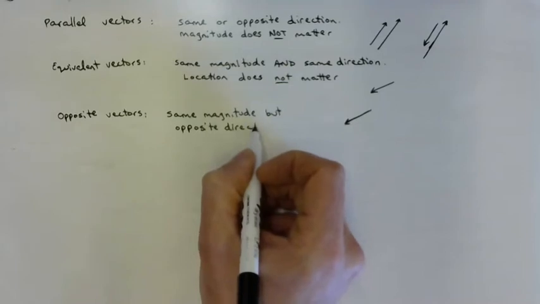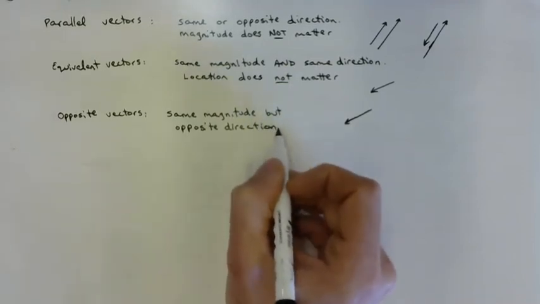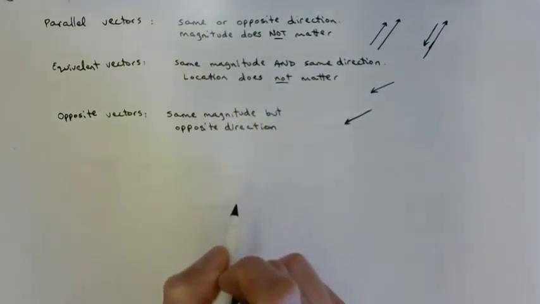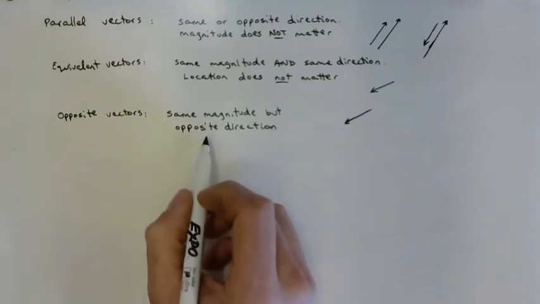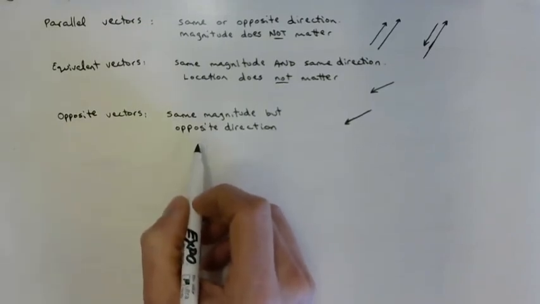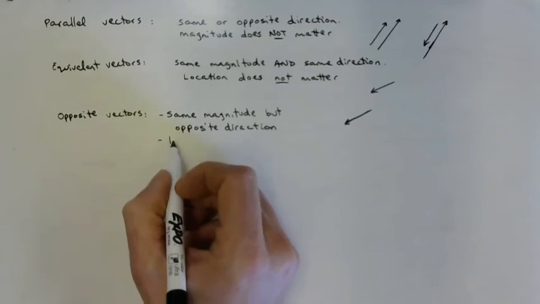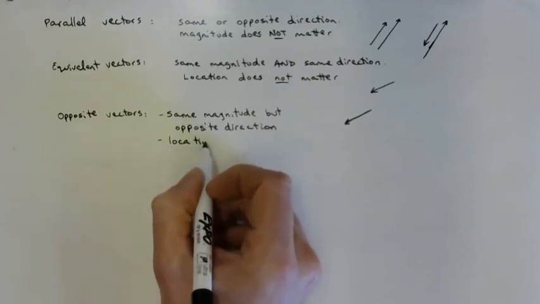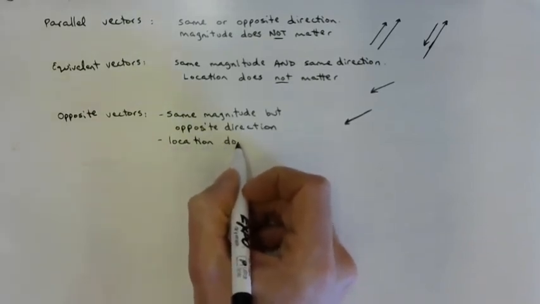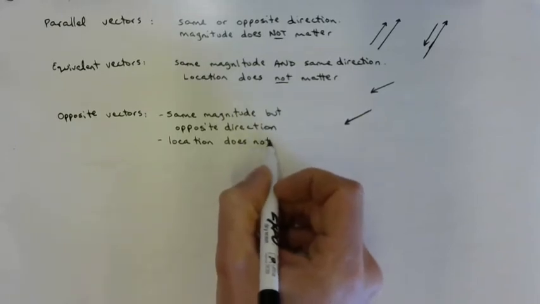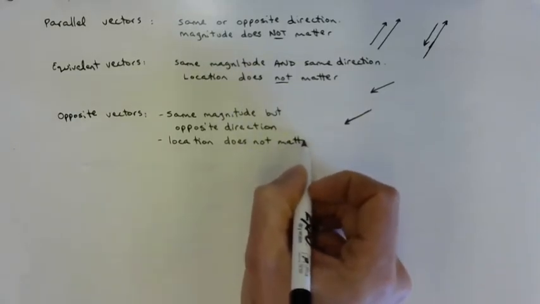So if you were going to add opposite vectors, you'd get 0. You'd get the 0 vector. Same magnitude, opposite direction. Again, location does not matter.